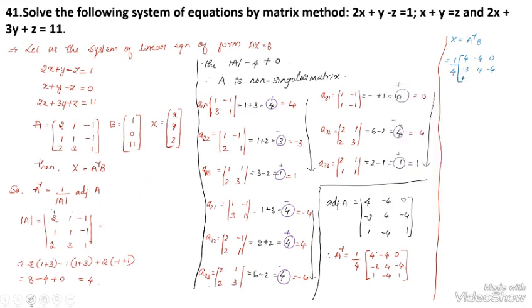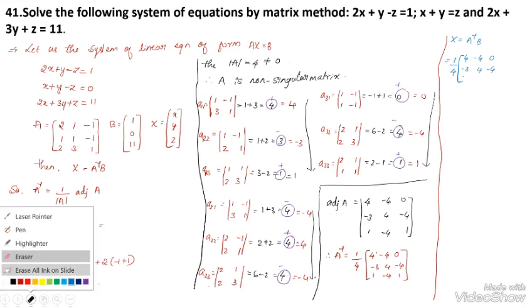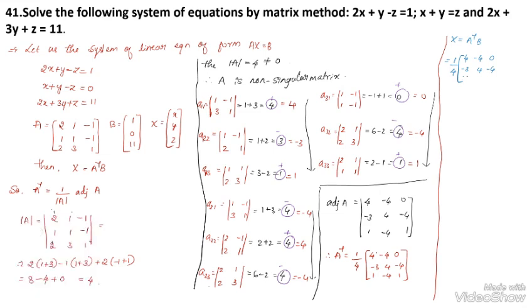Minus 4 and 1. The value of B is 1, 0, 11. So I can multiply row by column, that is 1 by 4 into 1, 4. Here minus 4 into 0 is 0, 0 into 11 becomes 0.